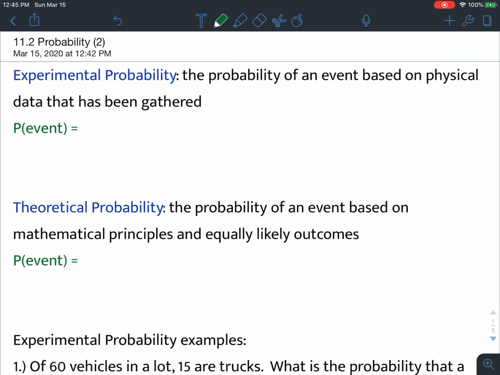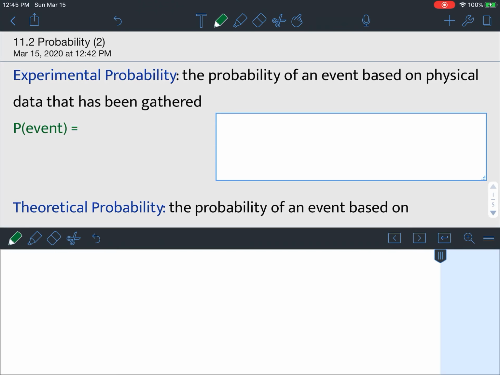Theoretical probability might be used in the case of rolling dice, or cards, or spinning a wheel, or flipping a coin. Okay, so experimental probability, we're going to fill in this definition now.